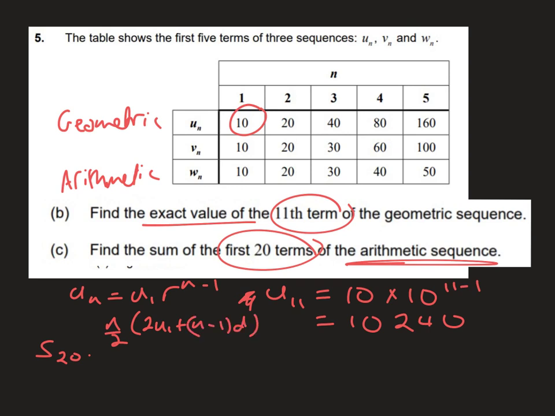So in the context of this question, n is the first 20 terms, so that's going to be 20 over 2 multiplied by 2 times the first term, and the first term we said was 10, plus n minus 1, so if n is 20, that's going to be 19, multiplied by d, which we said was the common difference earlier, which is 10. So if we multiply that all out, we end up with an answer of 2,100.